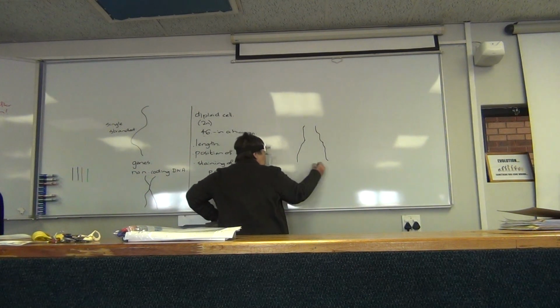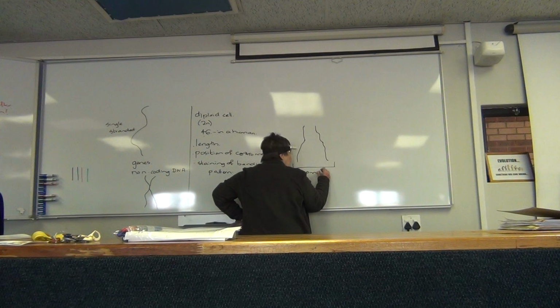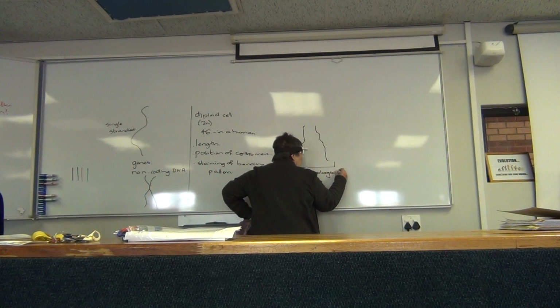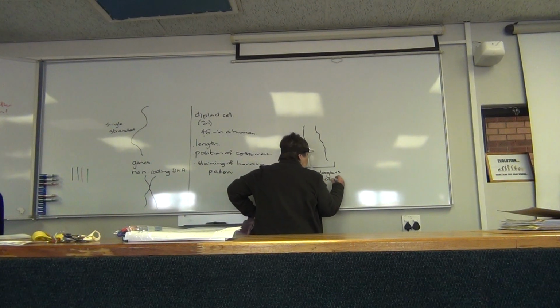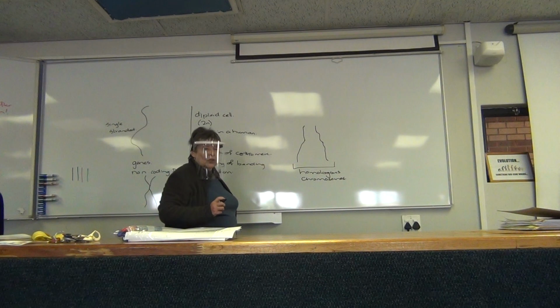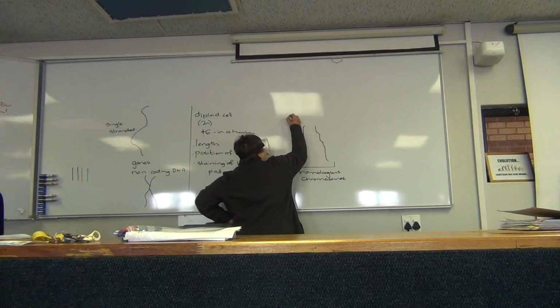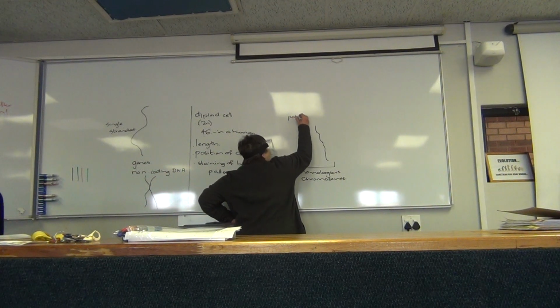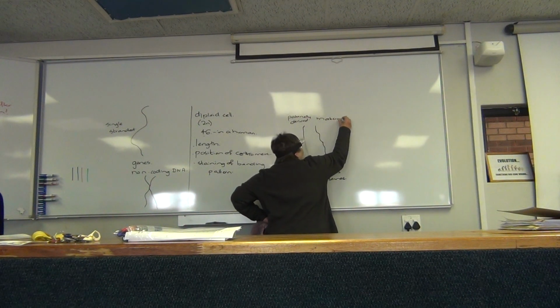So these two, remember, are called homologous chromosomes. And of those two homologous chromosomes, one is always paternally derived, and one is always maternally derived.